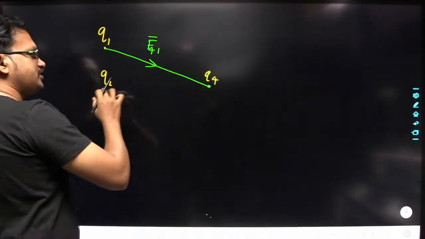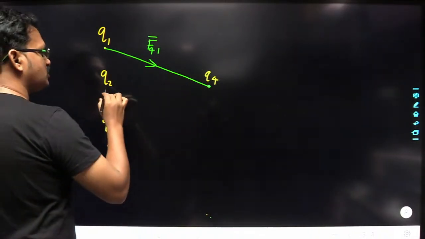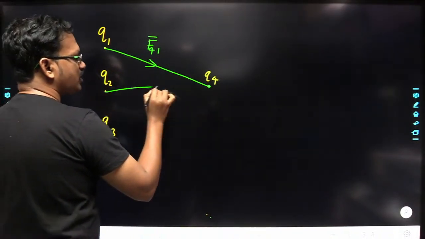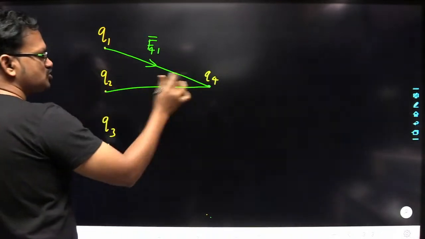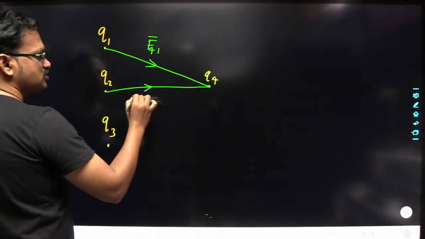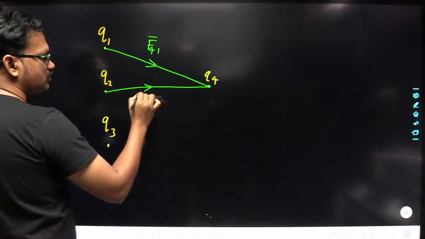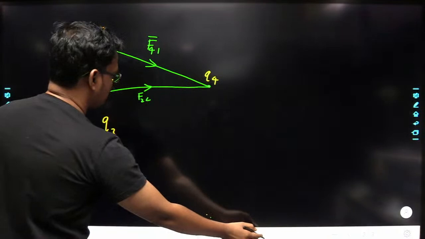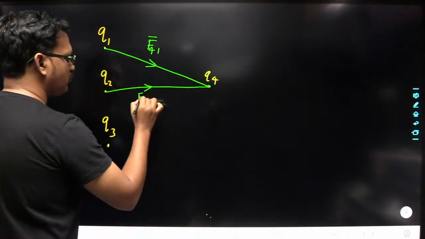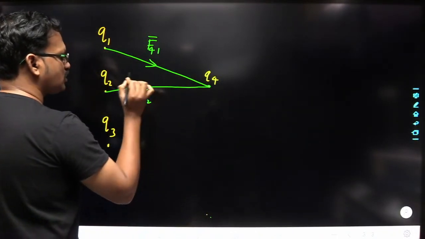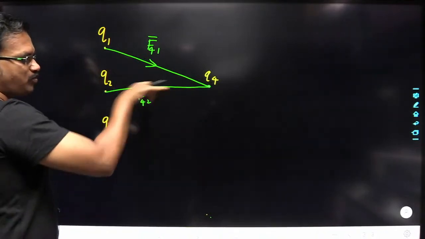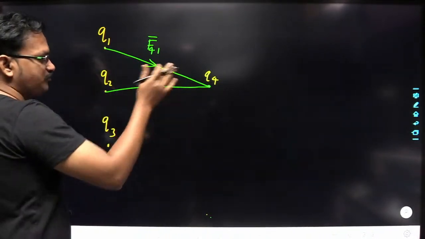In the same manner, now take these 2 point charges. Now determine the force between these 2 point charges. So this is the force on 4 due to 2. It is going to point in this direction because both are of the same polarity.